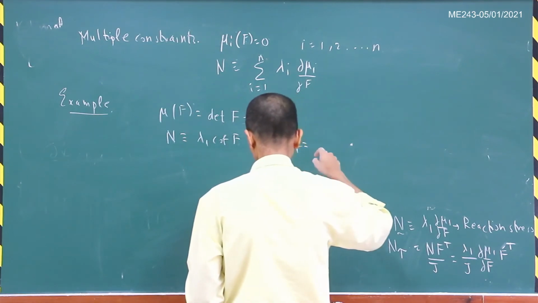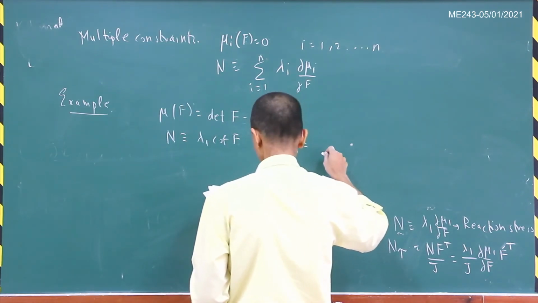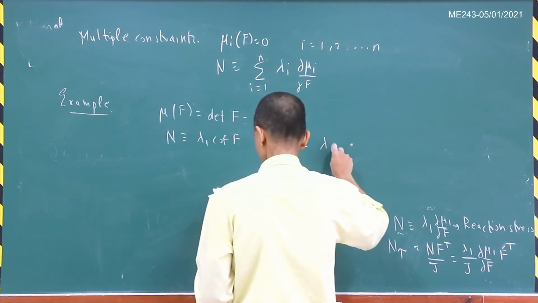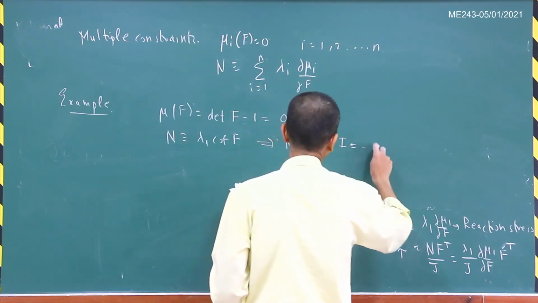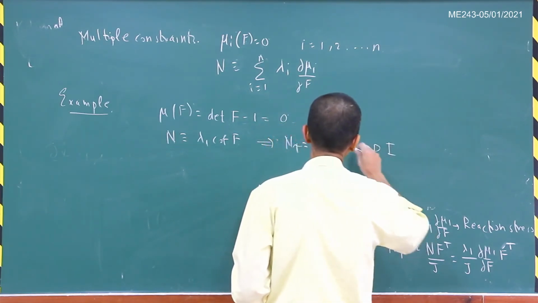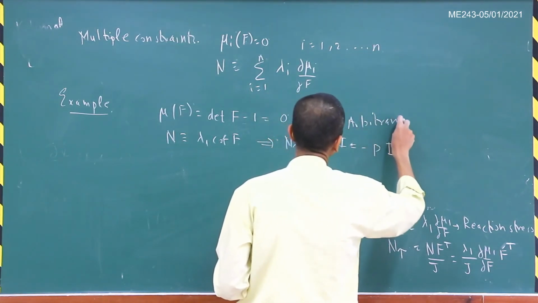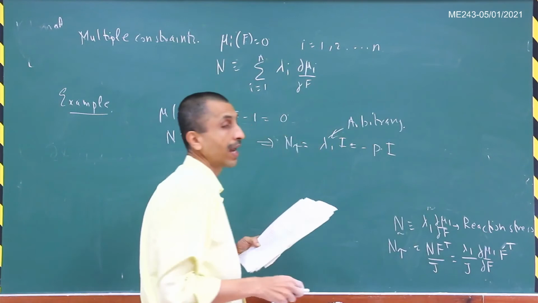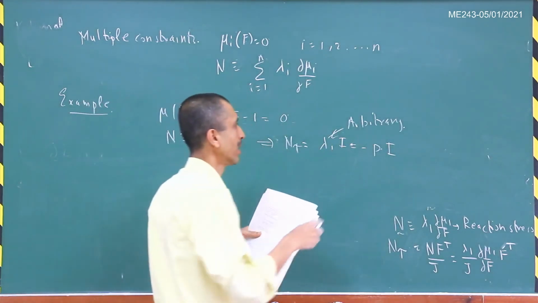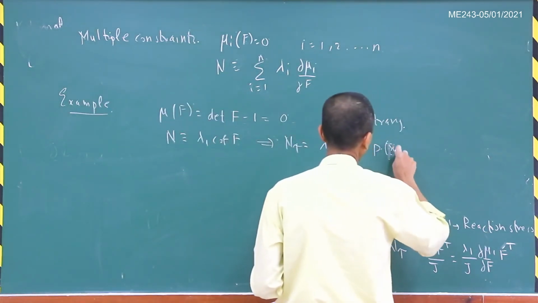So what you will get is that this is equal to lambda 1 times I, and this we call as minus p times I. So this lambda 1 is arbitrary, and so this p also is an arbitrary scalar. It's just a function of x comma t basically.